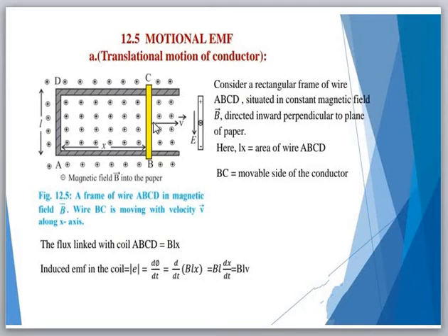Now if this conductor is moved with a velocity v bar to increase x, if this conductor is moved here, then x will increase. The area of the loop ABCD will also increase. Thus, flux of B bar through the loop also increases with time.